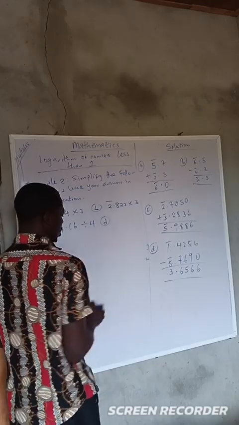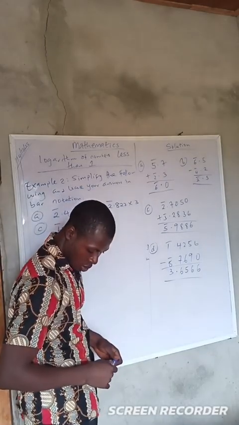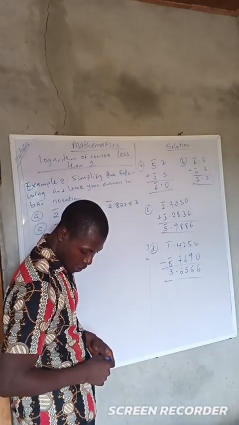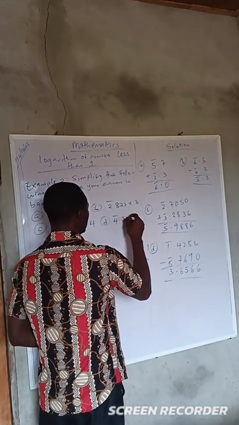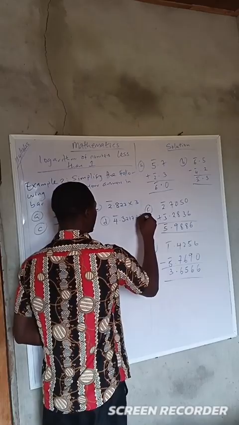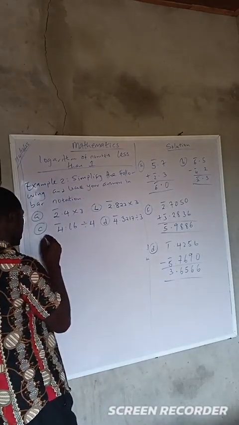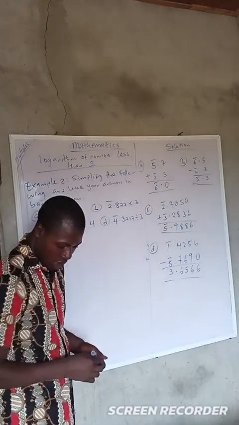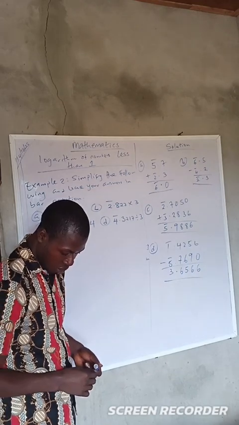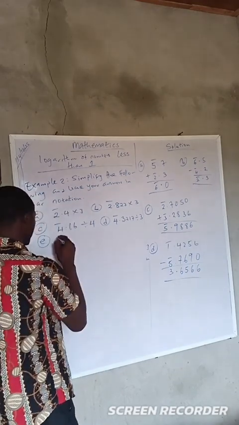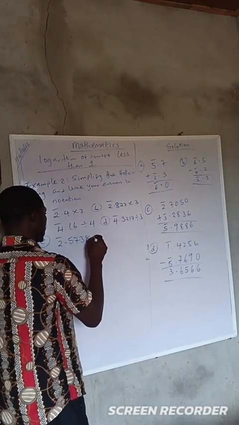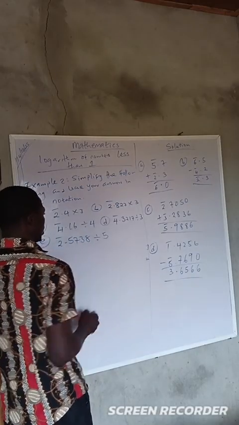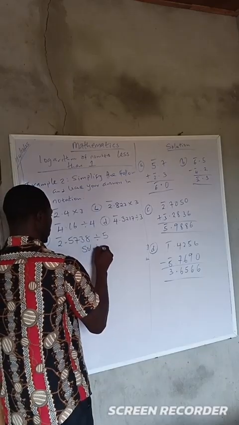D, we have bar 4.3217 divided by 3. And then E, we have bar 2.5738 divided by 5. Let's take solution to these questions.